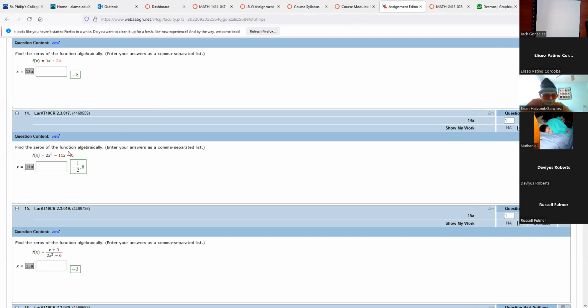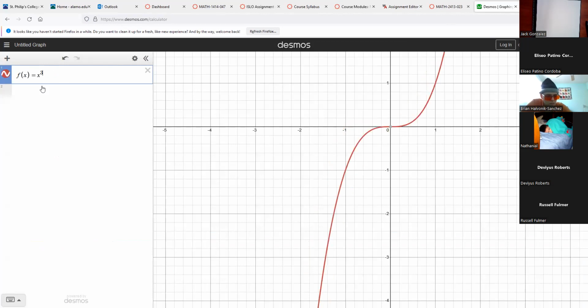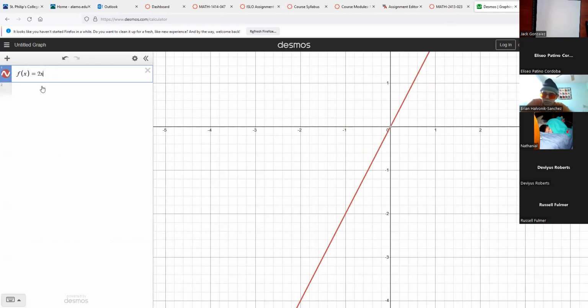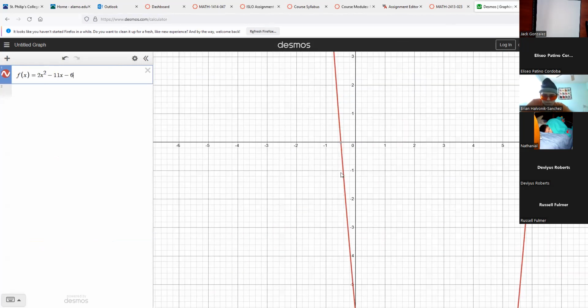Is it find the zeros? So you could graph this and just look at it, right? Let's just do that. Graphing is the easiest way to do it, but that's not what they're asking us to do. I just want you to see that. 2x squared minus 11x minus 6. All right, let's see where they're at.